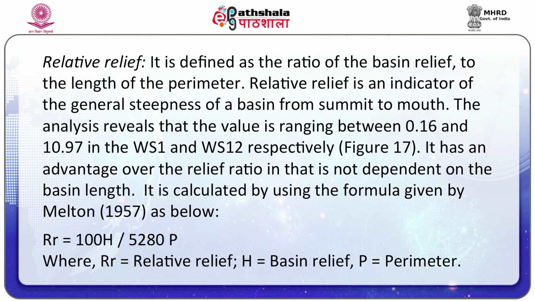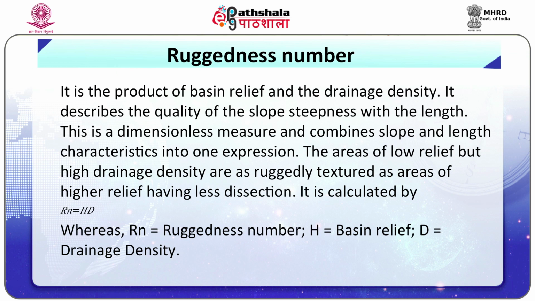It has an advantage over the relief ratio in that it is not dependent on the basin length. It is calculated by using the formula given by Melton in 1957. Ruggedness number. It is the product of the basin relief and the drainage density. It describes the quality of the slope steepness with the length.